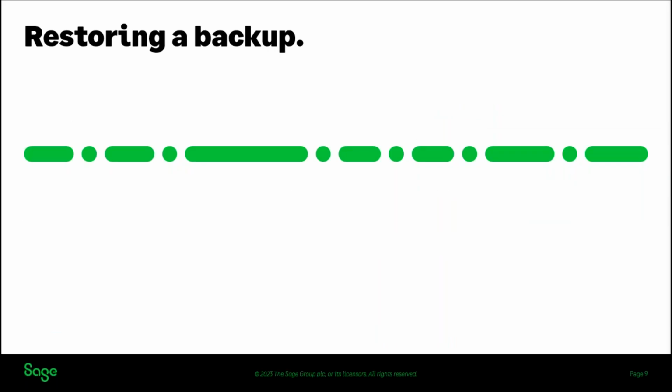Okay. So before I move on to the demonstration of restoring a backup in, I just want to show you an example of restoring in a prior backup. So if a backup was taken, let's have a look, say on the 2nd of February, and then on the 3rd, you process 200 transactions.